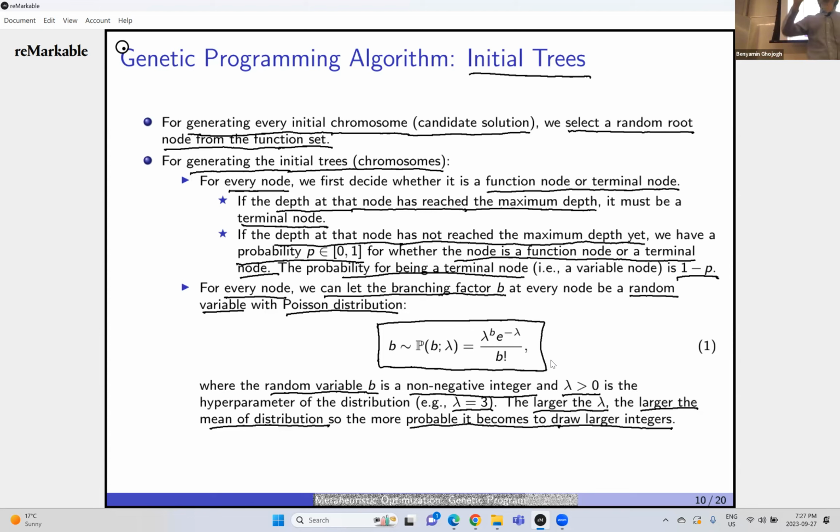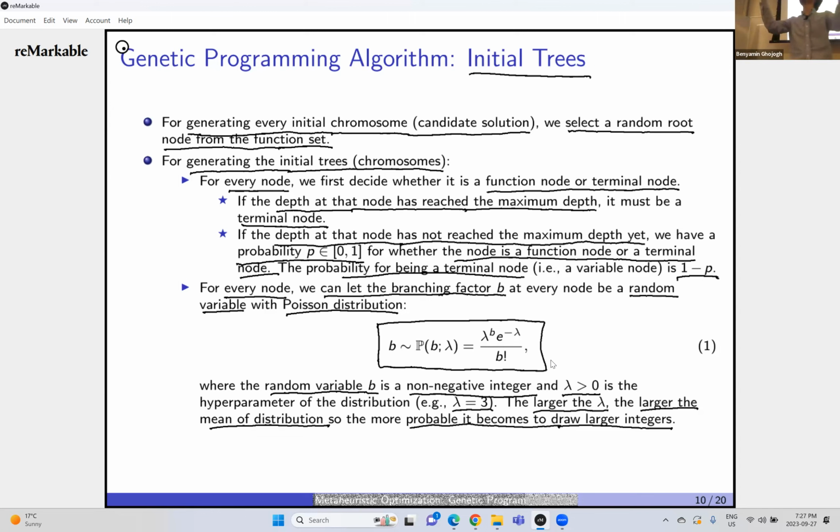I want to generate a random tree. Initially my root node must be from the function set. I take randomly one of the operators from the function set as the root. Then I draw some branching factor for that root, and this branching factor is also random.